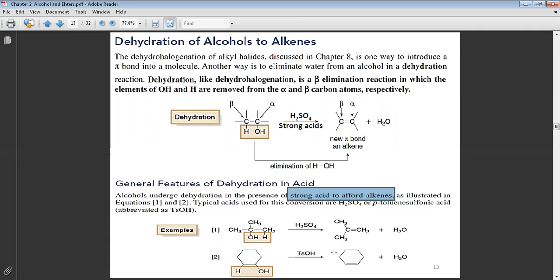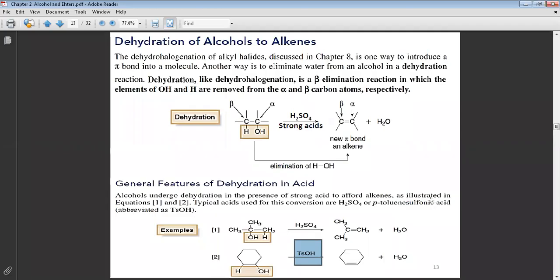And like this also, if you have this alcohol with another strong acid, TsOH, it will also give you the alkene. This Ts is para-toluene sulfonic acid.